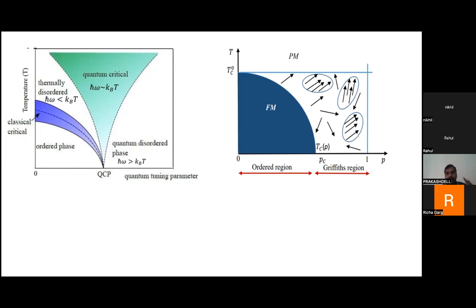Putting it otherwise, the classical phase transition is often driven by temperature. Temperature-driven phase transition is known as classical phase transition.